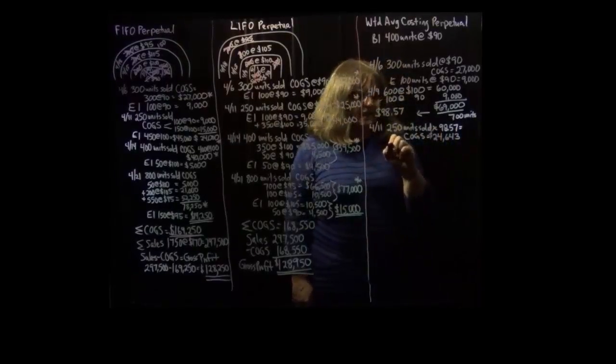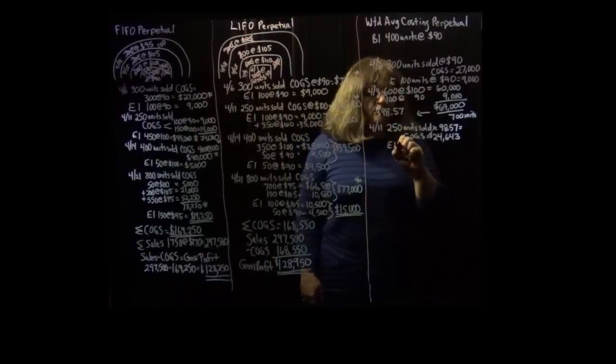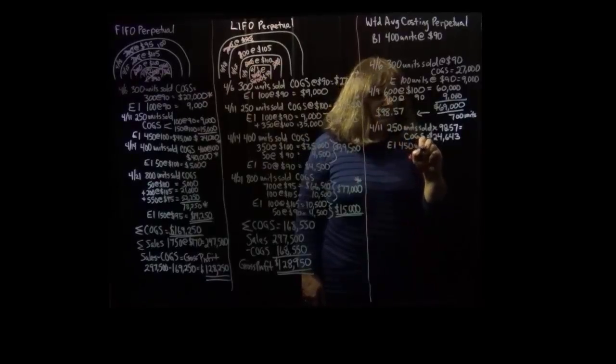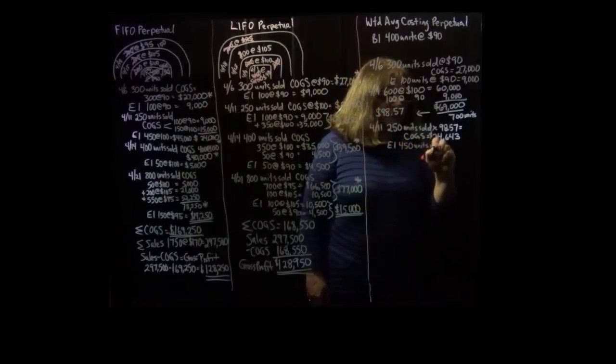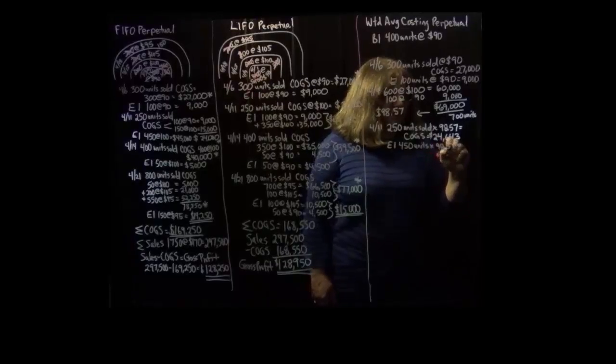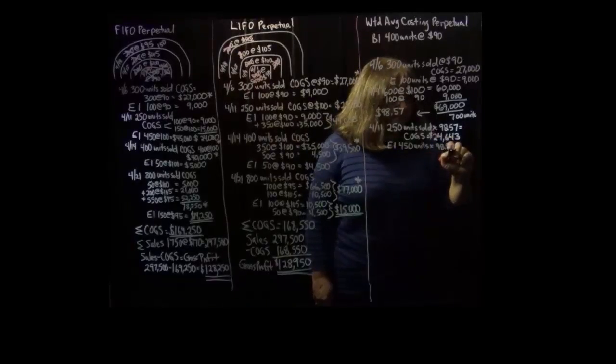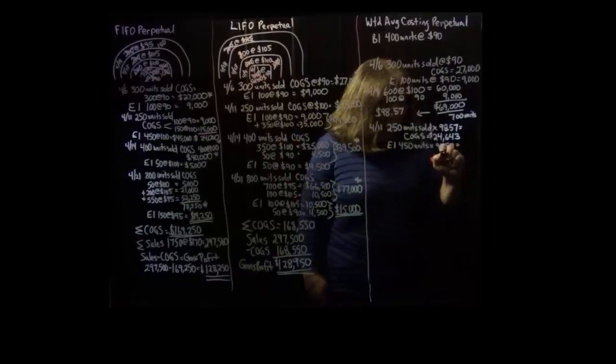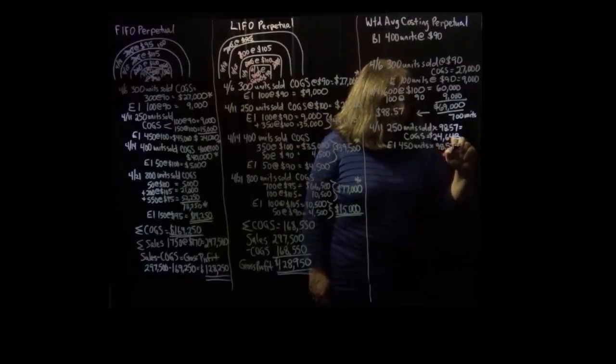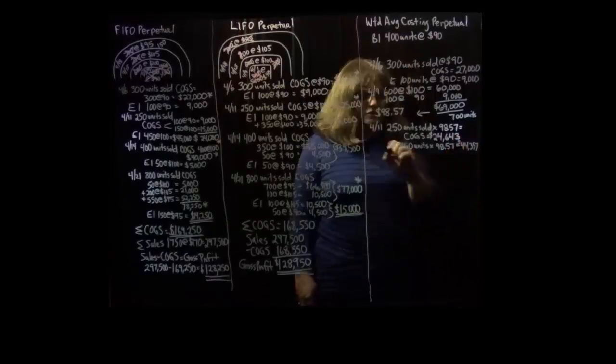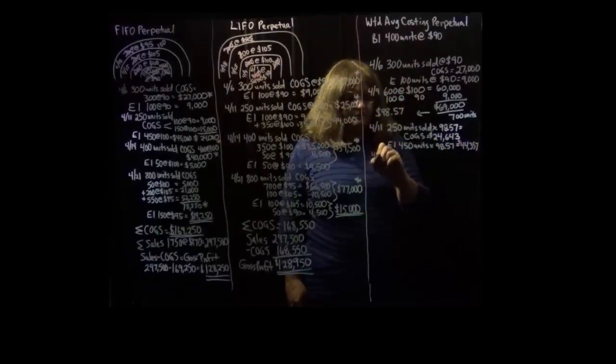We'll then take the ending inventory, which at this point is going to have 450 units in it. We're going to multiply that times the 98.57, and that's going to give us ending inventory of $44,357.